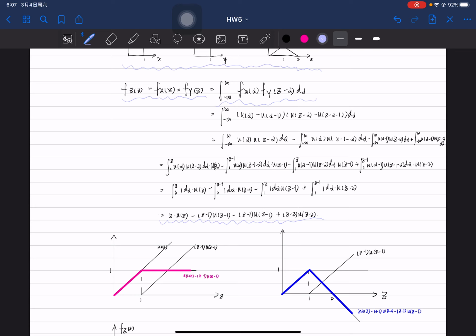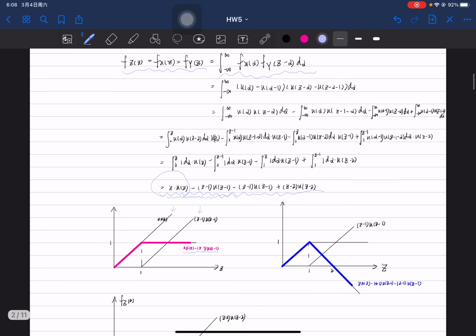And in order to sketch the density function of Z, we first try to draw z times u(z), which is here, and (z minus 1) times u(z minus 1) is this line, and z times u(z) minus (z minus 1) times u(z minus 1) is this pink line.